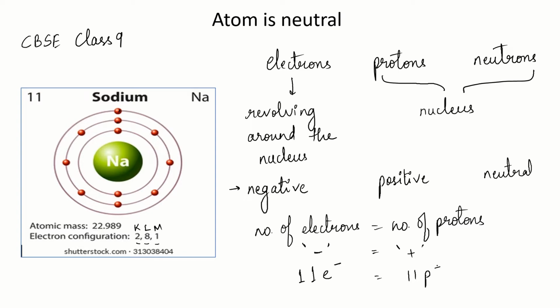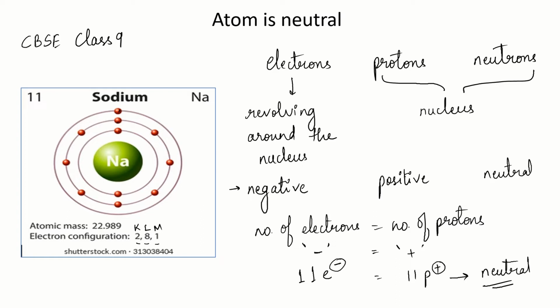So 11 protons, 11 electrons, so 11 negative charges, 11 positive charges, it neutralizes. So then the atom becomes neutral. So that is the reason why an atom is electrically neutral, because the number of negative charges is equal to the number of positive charges.